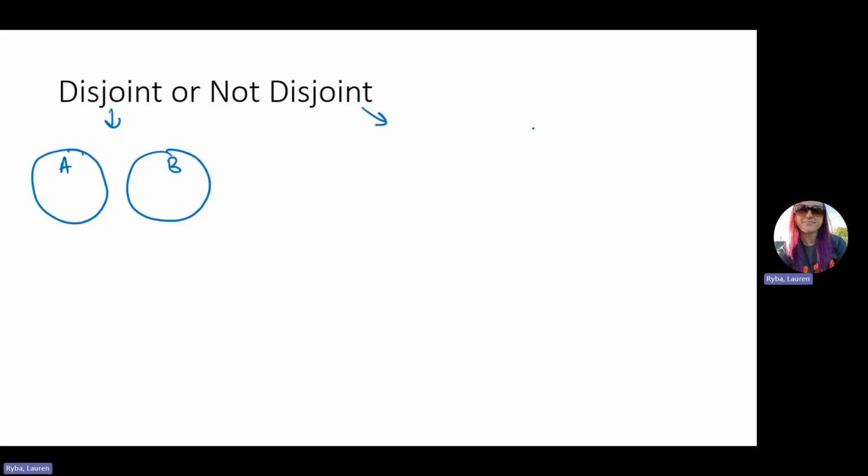Versus not disjoint is when they had a form of overlap. They have pieces in common, and the way we worked with these was just a little bit different.